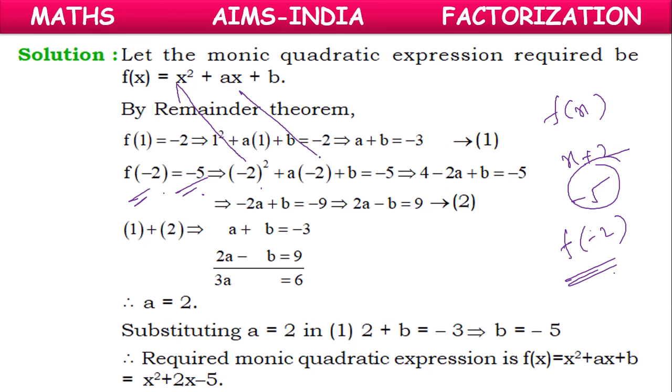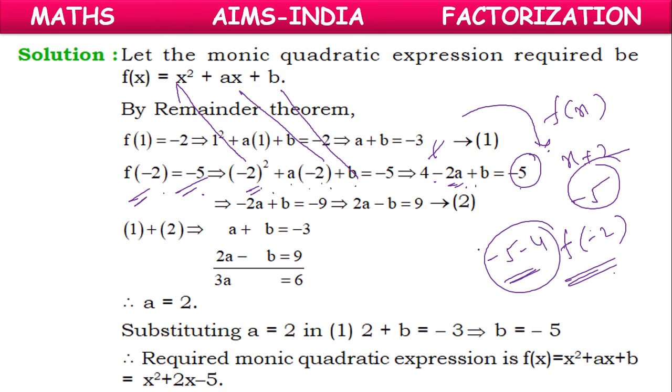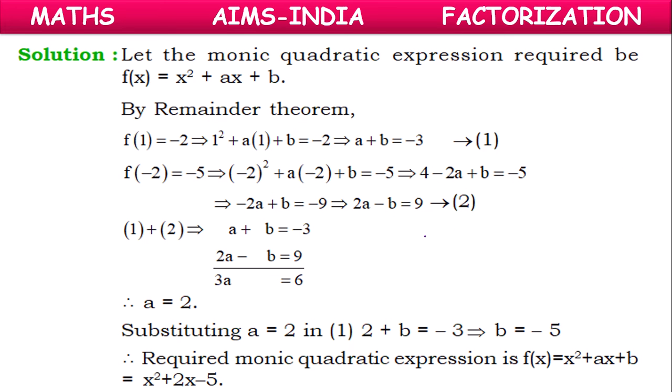Minus 2 whole square will become 4. Ax means a into minus 2, minus 2a, plus b. This 4 will go towards the right hand side, where we already have minus 5. Then we get minus 5 minus 4, which is equal to minus 9. So minus 2a plus b equal to minus 9. This is the second relation we have got.